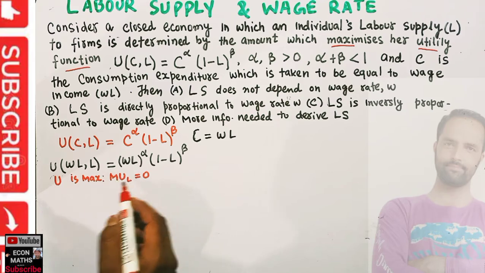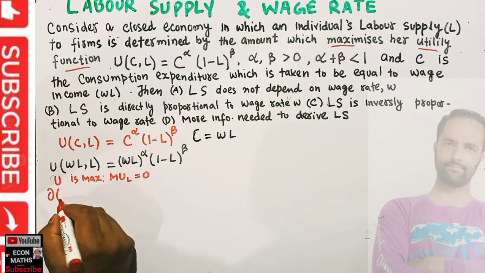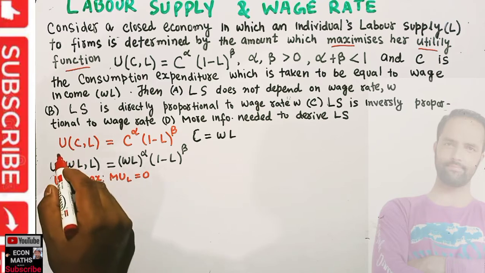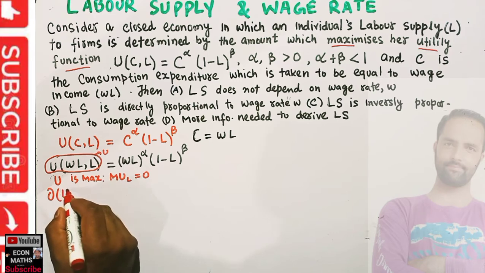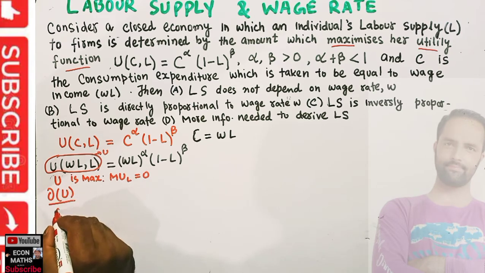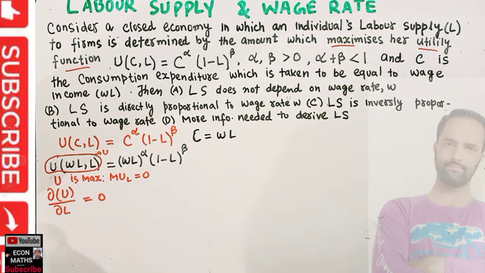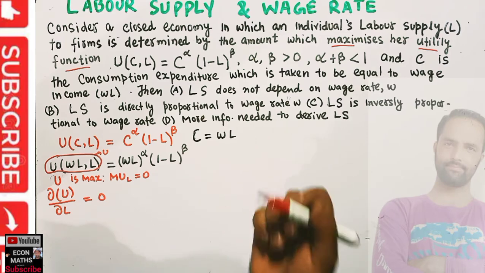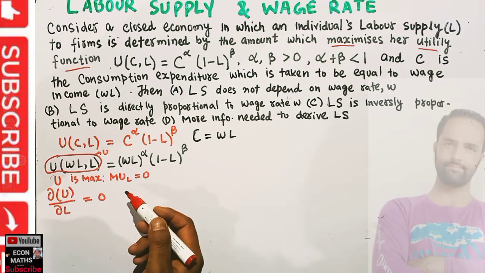Marginal utility of labor is equal to the derivative of the utility function, which I denote by U, with respect to labor. When that is equal to 0, our total utility will be maximized. In this process we will see whether labor supply depends upon the wage rate or not. So we take the derivative of this function with respect to L and set it equal to 0.